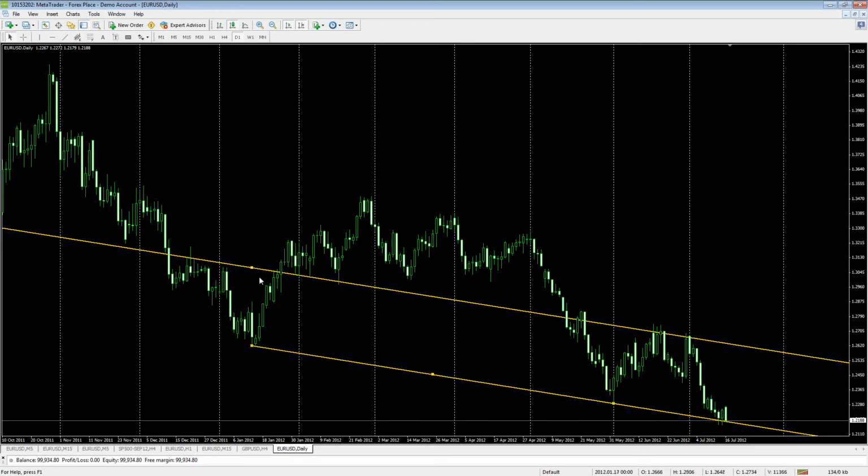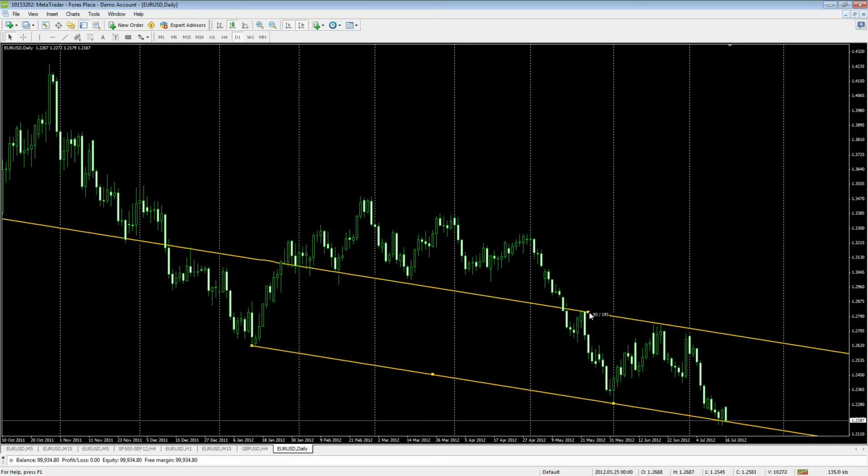Okay, so you can see the euro dollar is confined within a descending channel. You can see here all the areas around here and around here where there was a resistance or support, and this is how the channel was defined at its bottom.